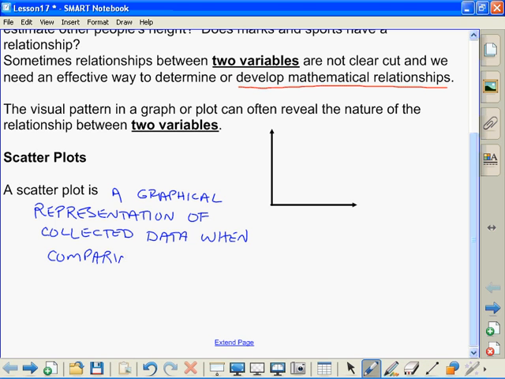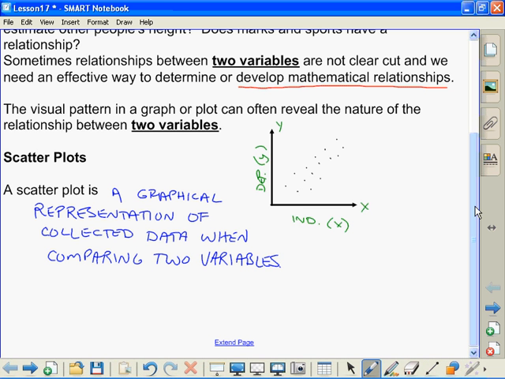What does it look like? Going way back to grade 9, we did scatter plots in the unit called linear relationships. We always have the independent variable, our x values, on the x-axis, and on the y-axis we put our dependent variable, or what we were measuring. When you complete a scatter plot, it is often a series of dots, and those dots help us determine the type of relationship.